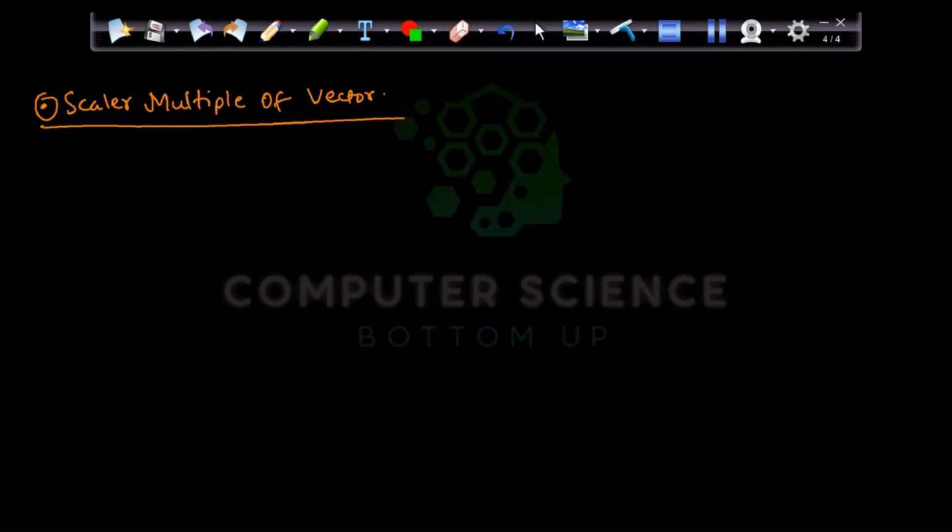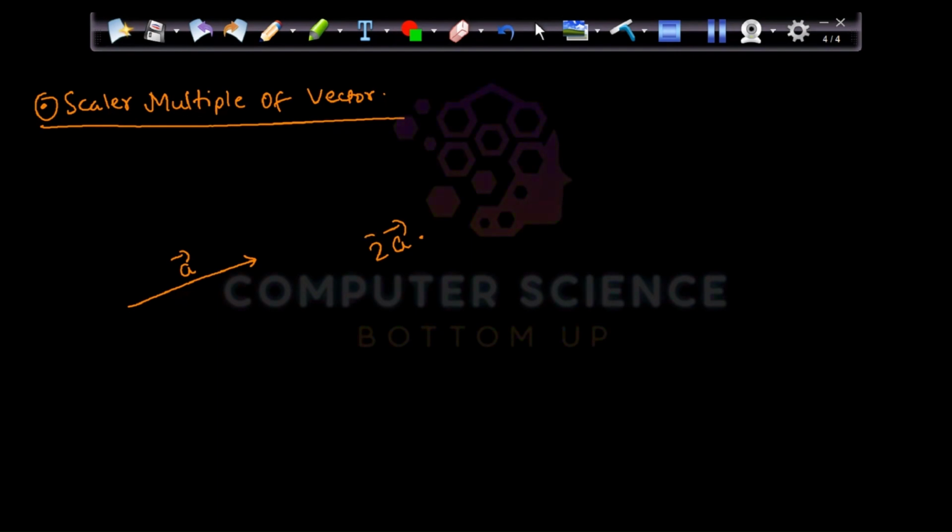Scalar multiple of a vector. Let's say this is a vector a. So what does it mean to say 2a vector? It means the direction remains the same.